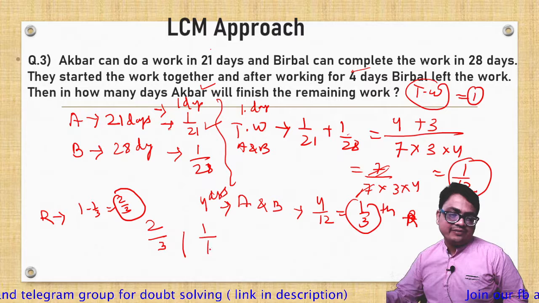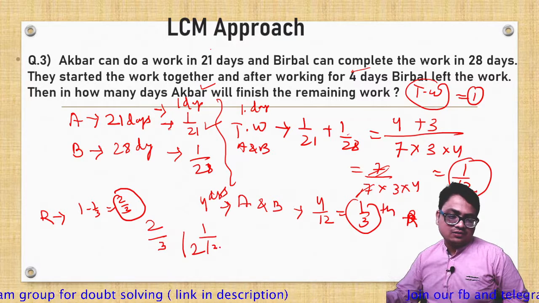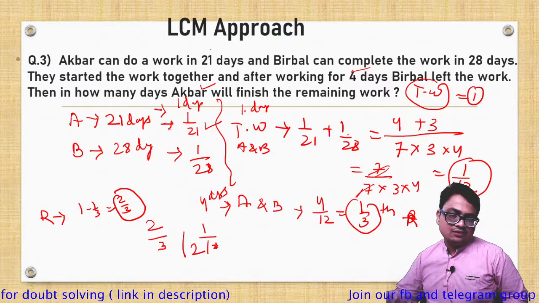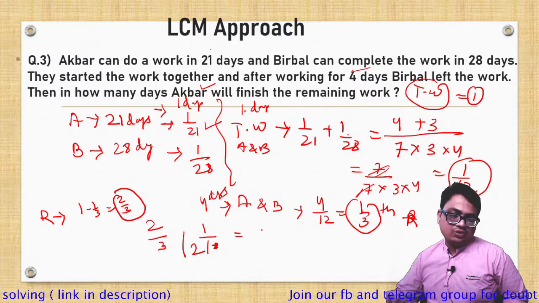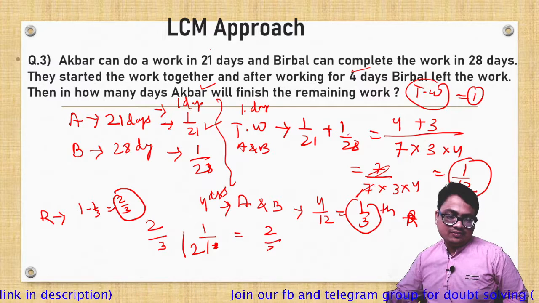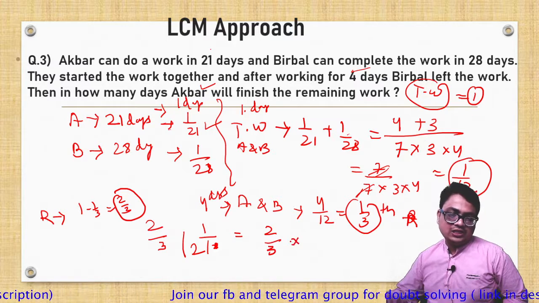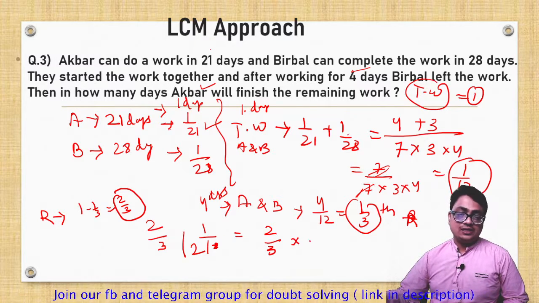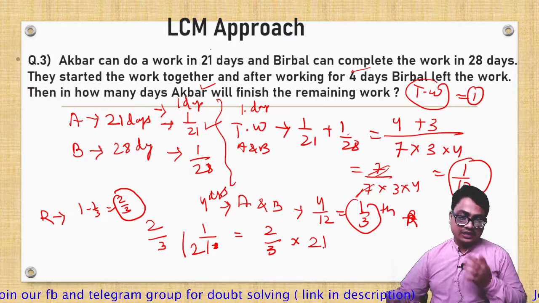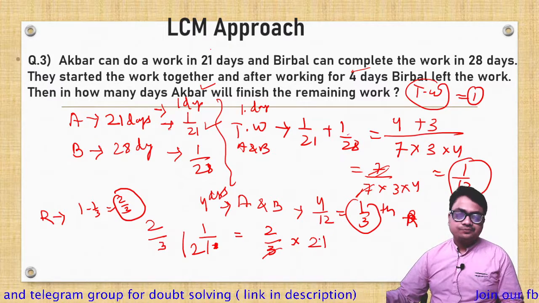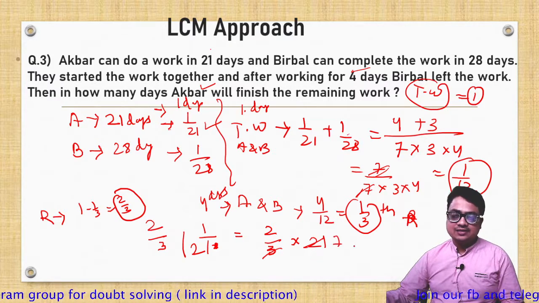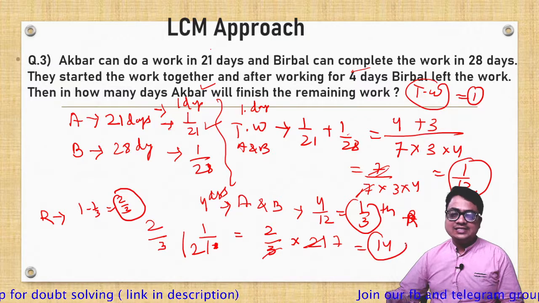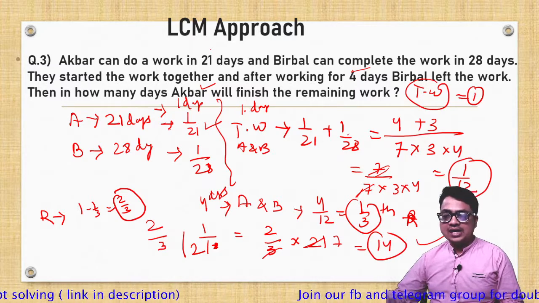So 2 by 3 divided by 1 by 21. So into reciprocal of 1 by 21. So this will be 2 by 3 into 21. So 3 7s are 21, so in 14 days the remaining work will be done by Akbar.